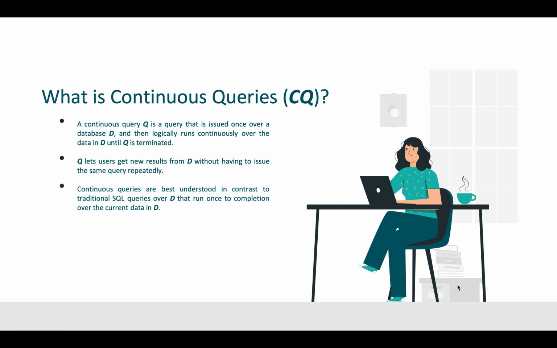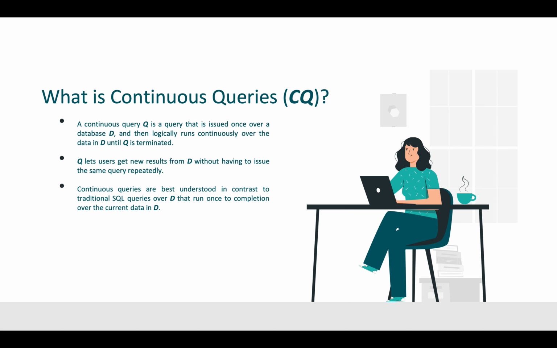Okay, next is what is continuous queries. Continuous query is a query that is issued once over a database and then logically runs continuously over the data until the continuous query is terminated.